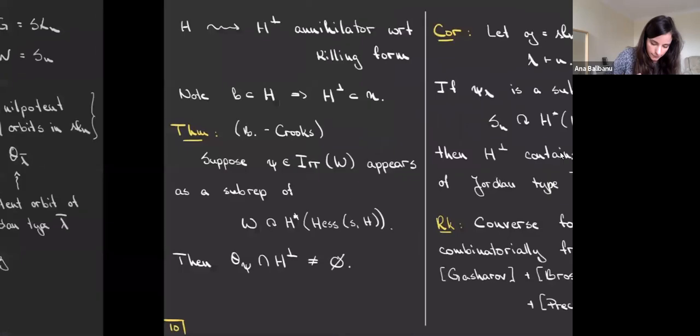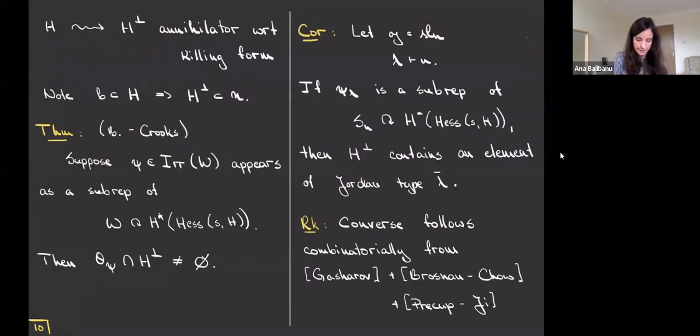So the first result says the following: this Hessenberg space has an annihilator under the Killing form, and so for example, the annihilator of B is n. And because I required H to contain B, this means that this annihilator is contained in N, so all of its elements are nilpotent.